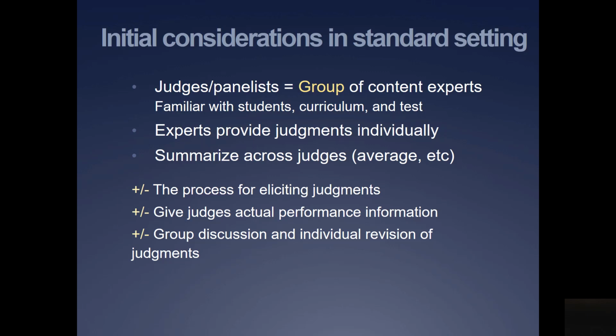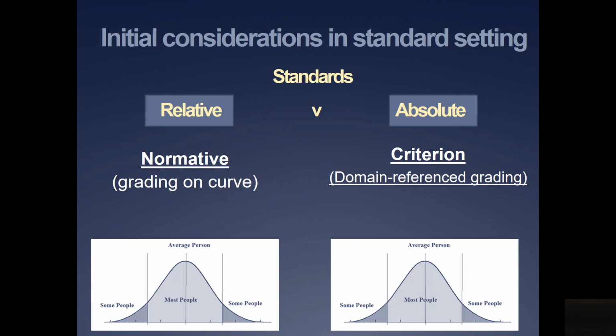We do it with and without. We also have group discussion and revisions of judgments based on that discussion. So there's a little bit of flexibility along the way, but for the most part, processes are fairly consistent with some nuances.